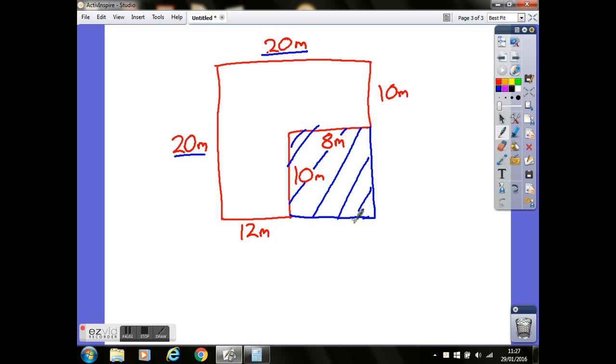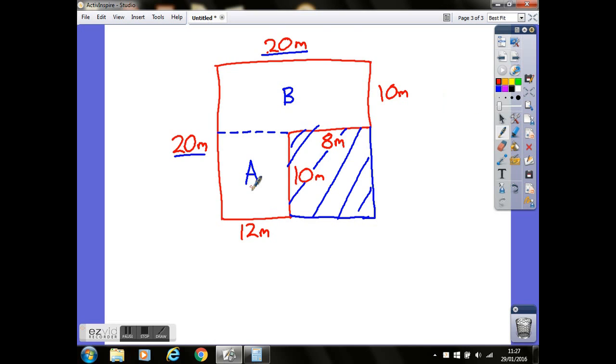So what we can do instead is to split this shape up into multiple shapes. So we could draw, say, an imaginary line across here, and now you've got two shapes, shape A and shape B. Both rectangles, and we know that we can work out the area for a rectangle.